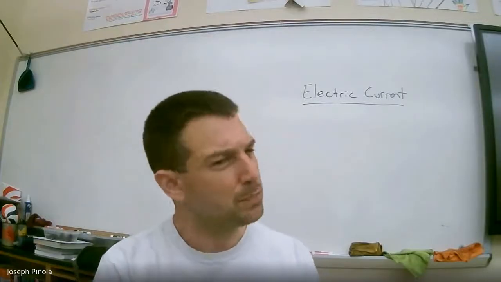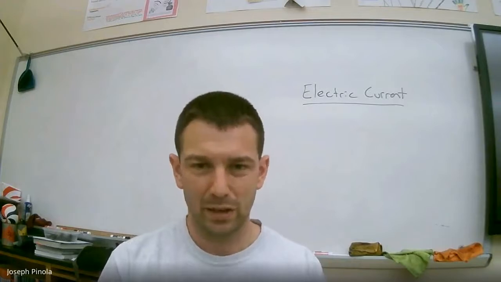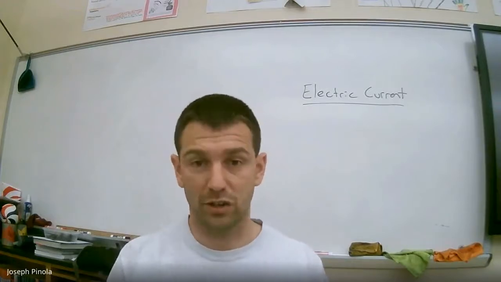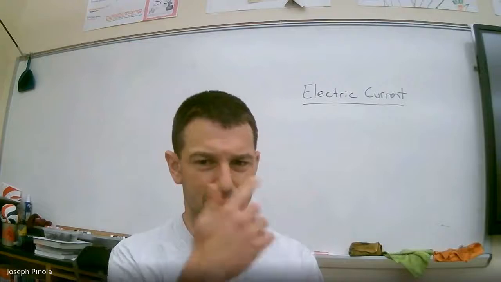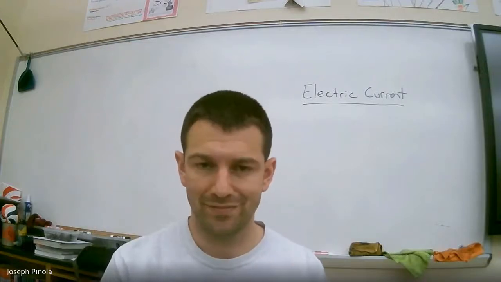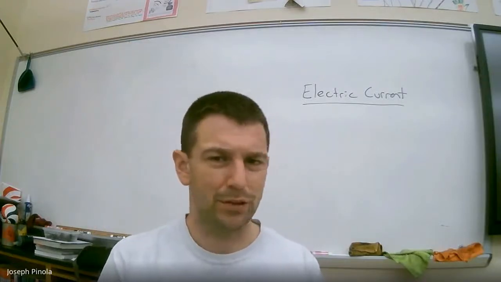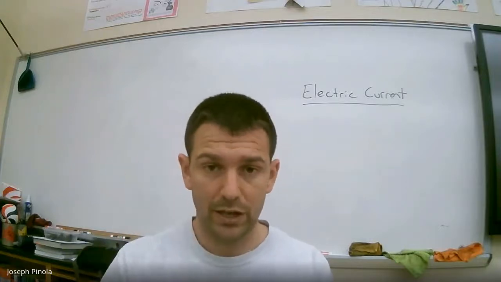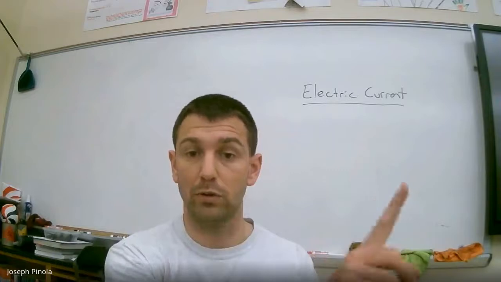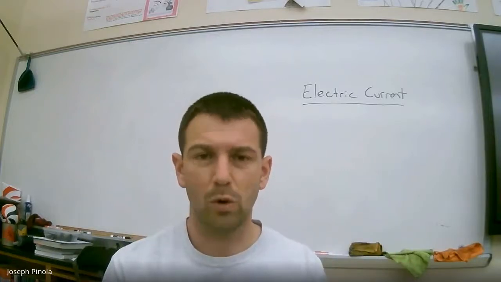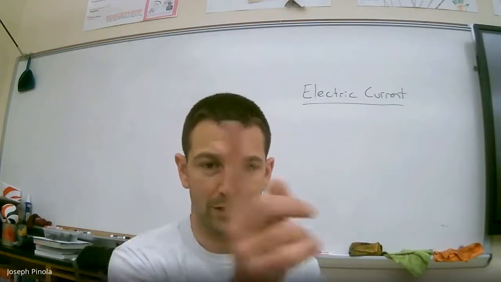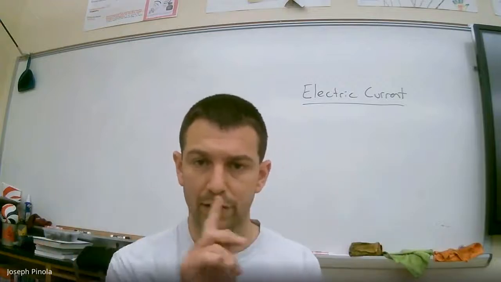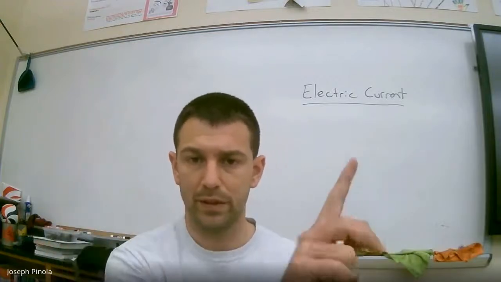To summarize, we spoke about a lot of things today. We started off by learning that electric current is the flow of electrons, usually through wires, and that there can be two types of electric current. It can be direct current, in which the electrons are moving only in one direction, or it could be alternating current, in which the electrons are constantly switching the direction they're going.